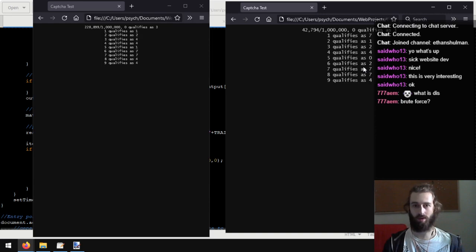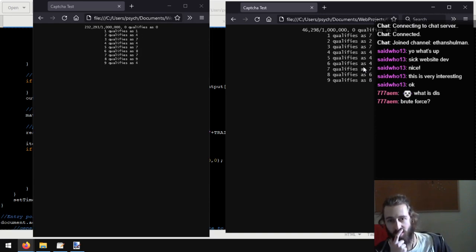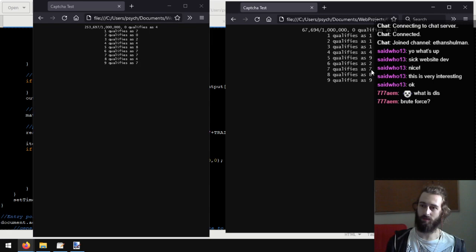Actually looks like the 0.8 is training faster, which would make sense. It's a higher learning rate. I guess that would mean it's not causing issues though. It's interesting how it has trouble determining between 7 and 1. The same thing's happening over here. It's going between 7 and 1. I guess they kind of look similar.